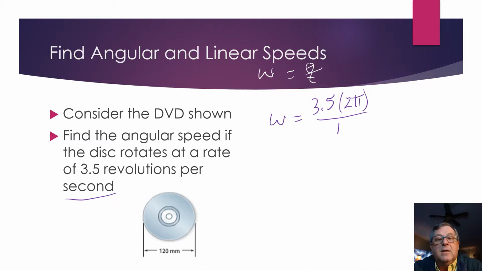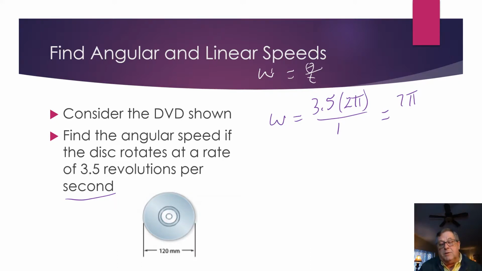What is the angular speed if we're going 3.5 times around a circle? Well, that's going to equal 7 pi, or just 7 pi over 1. Now, if I was asked to give that answer in an exact value, I'd leave it there as 7 pi.